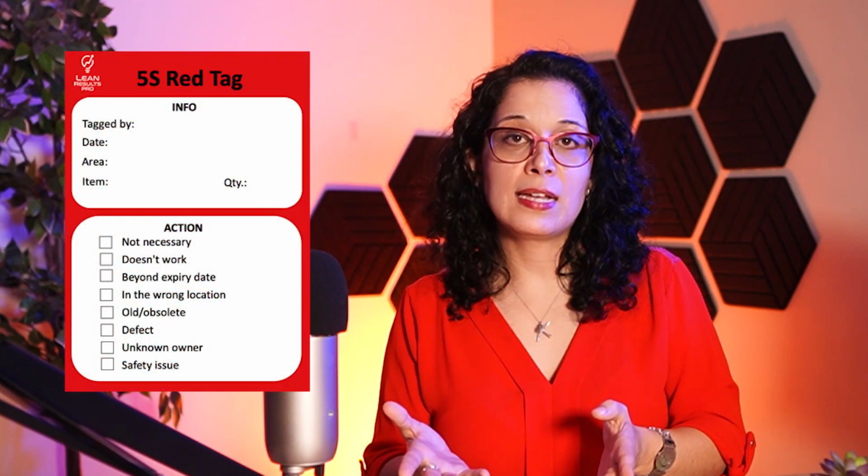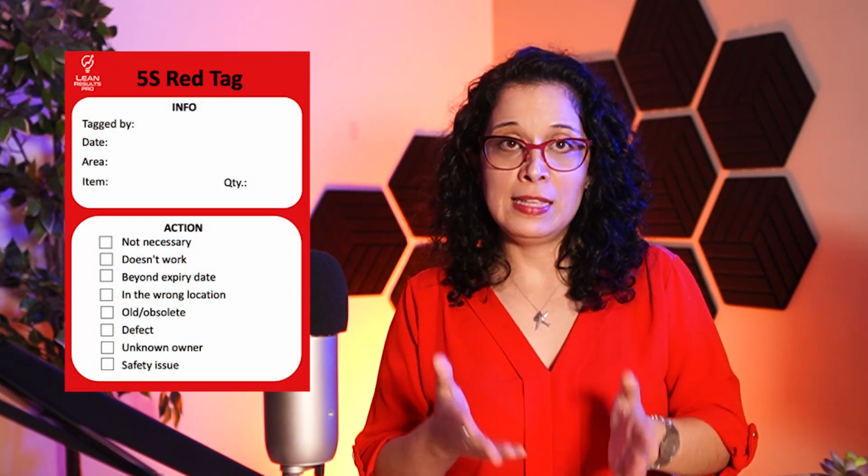Evaluate every tool, material, and equipment in your workspace. To do this exercise, you'll need red tags. These tags are used to show that a certain object was classified as not needed anymore. Grab those red tags and let's declare like there's no tomorrow. If an item is not necessary, it has to go.